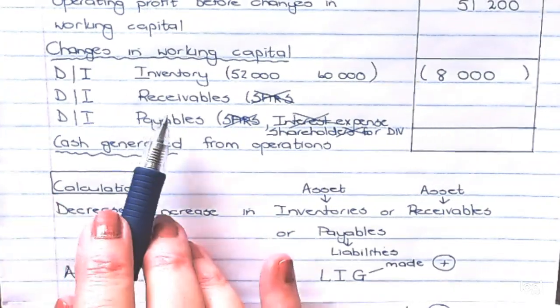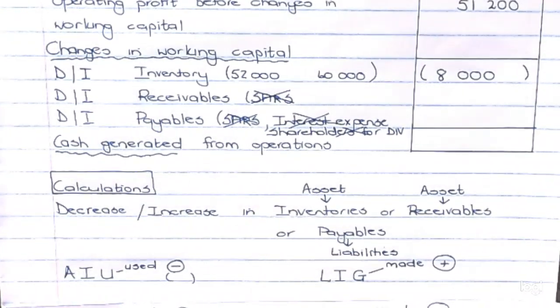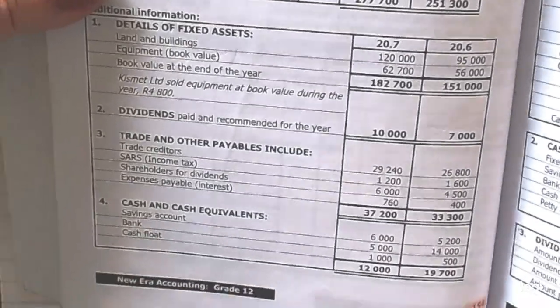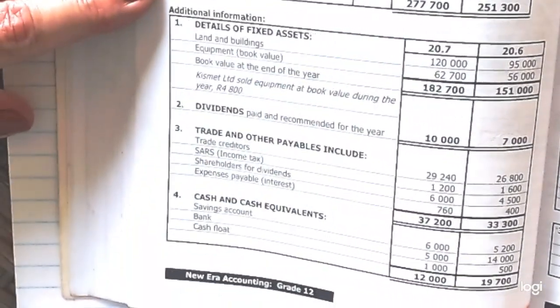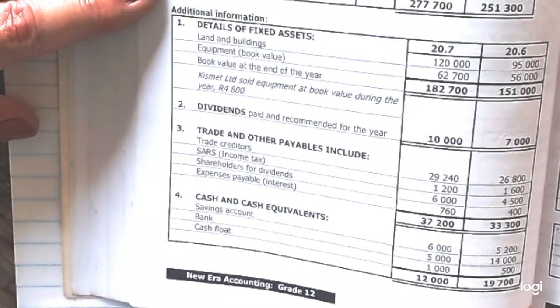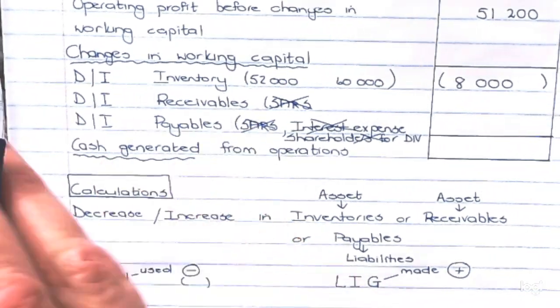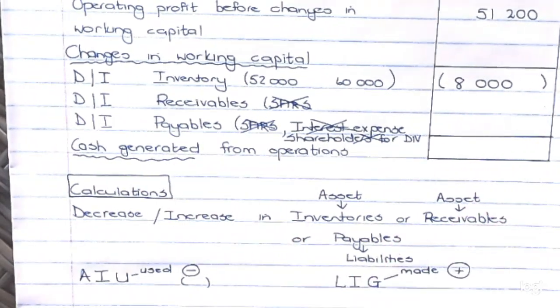The second one is receivables. And in this trade and other receivables, just to give you an example here, in the textbook, we have under trade and other receivables no extra information. It is only the two amounts that are given to me. So my trade and other receivables doesn't have to exclude anything.